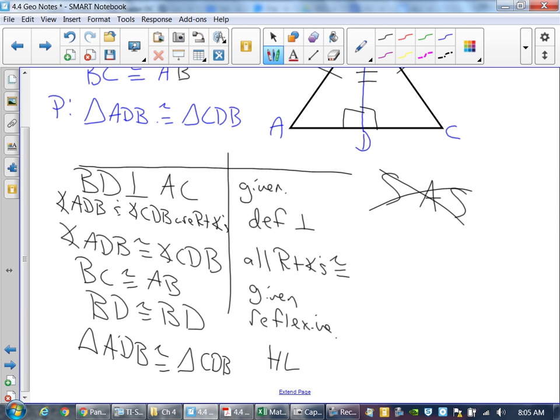Everything else was right off of your sheet, including how to finish the problem and by what method, hypotenuse leg, side, whatever it might be. That's the only thing you had to find.